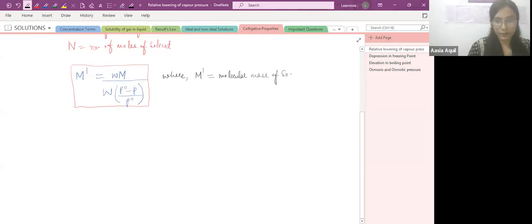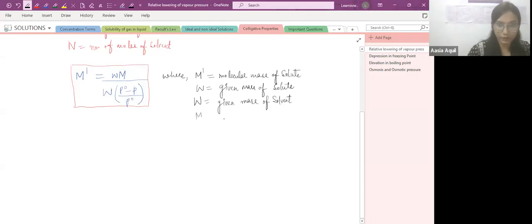You can calculate the molecular mass of solute by this formula. And small w here is your given mass of solute. Capital W is your given mass of solvent. And capital M will be your molecular mass of solvent. Okay, right. Just remember this formula.